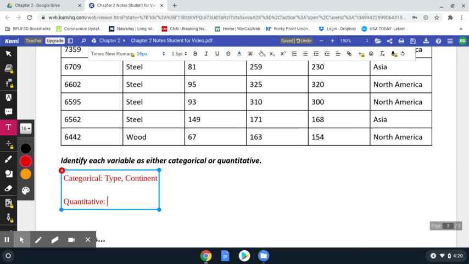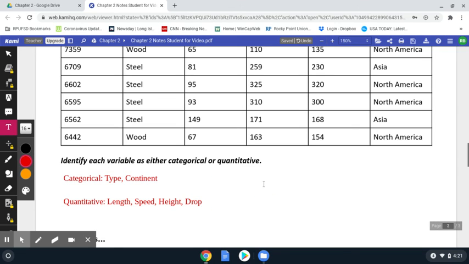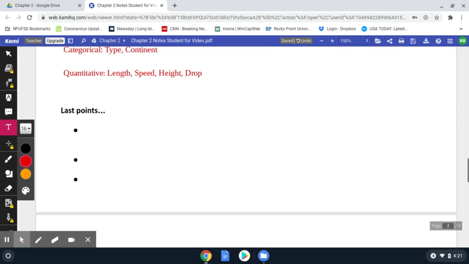So that's kind of a dead giveaway for the 4 different quantitative variables that we had that all had units of measure. So our quantitative consisted of the length of the roller coaster, the speed at which it traveled, the height of the roller coaster, as well as the drop. So there's our 2 different types of variables.